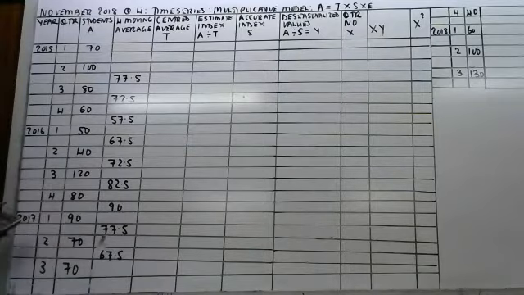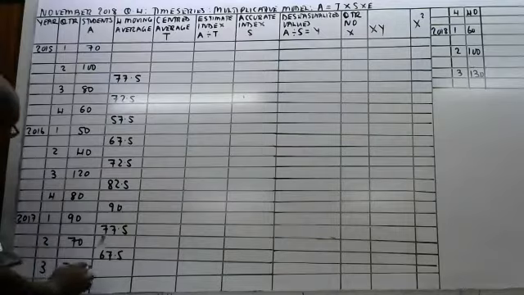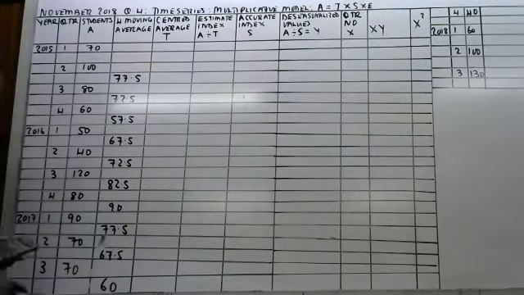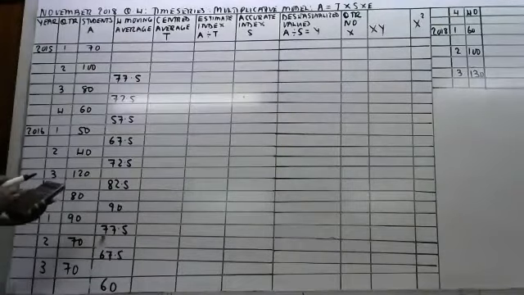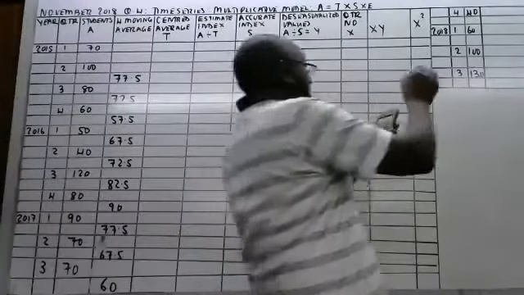Then you drop 90, take 70 plus 70 plus 40 plus 60. Divide by 4, you get 60. You record there. Then drop 70, you have 70 plus 40 plus 60 plus 100. Divide by 4. You skip 1 line.